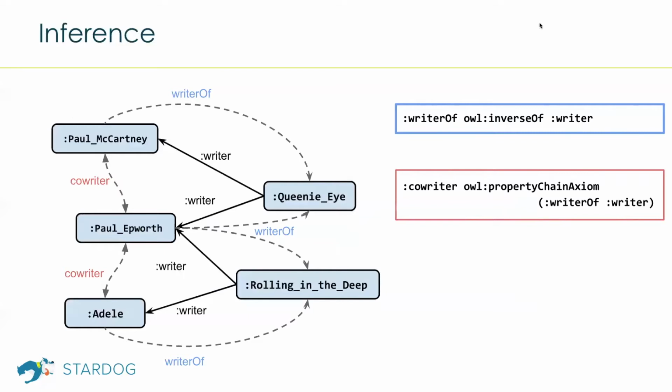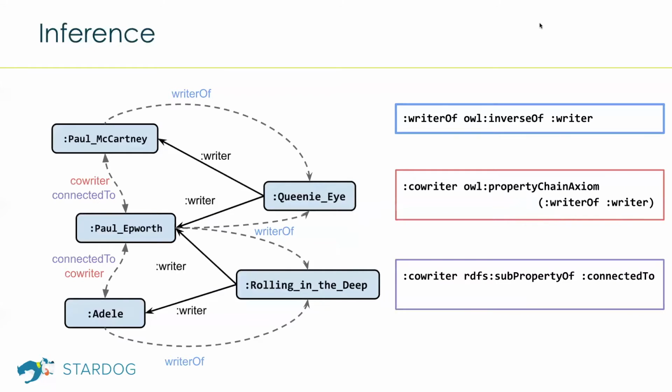If 2 people have co-written a song, we can also say they're connected to each other somehow by saying that co-writer is a subproperty of connected to. So you can see that purple showed up. Anywhere we have co-writer, we can also infer connected to.